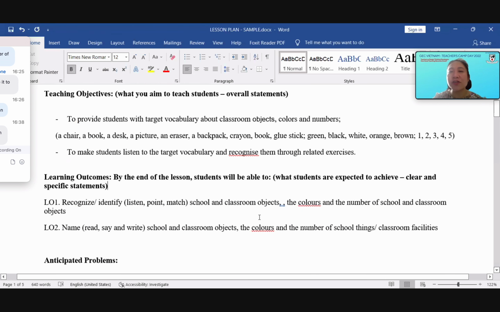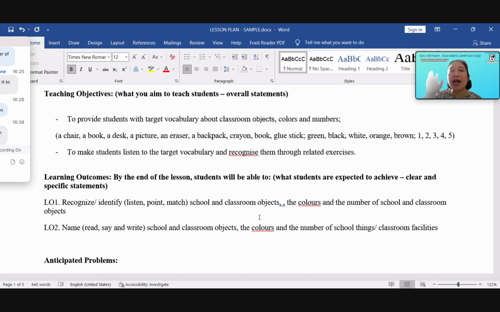Imagine, at the age of 7 or 10, what they can do. They can just recognize by listening or by pointing or matching the objects or colors and numbers, etc. You have to specify what they can do, because what they can do are the outcomes. Not what you teach are the outcomes.